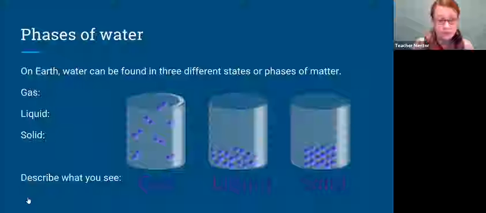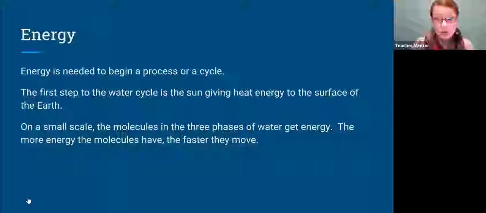Very good. Okay, so energy is going to be needed to begin any process or any cycle. And when we're talking about the water cycle, we need the sun to give us that initial heat energy to the surface of the earth. And so when we are dealing with a small scale, the molecules of the phases of water, the more energy we get, the faster the molecules move.